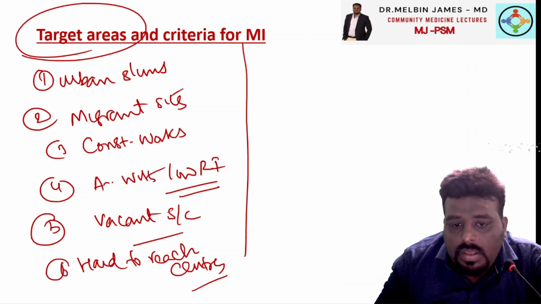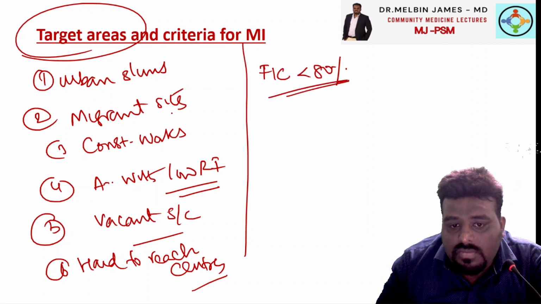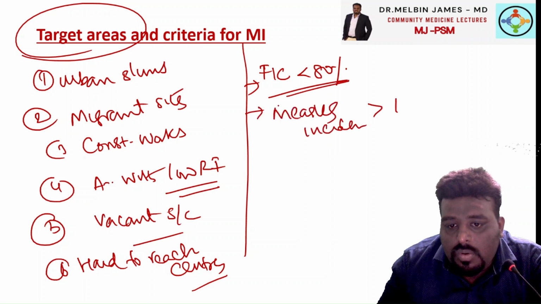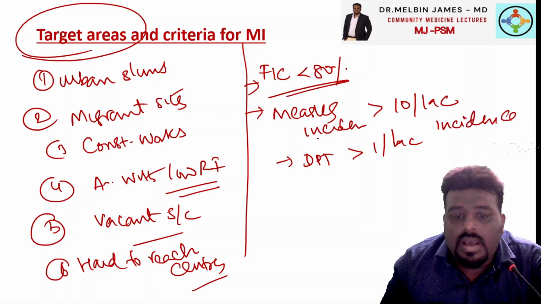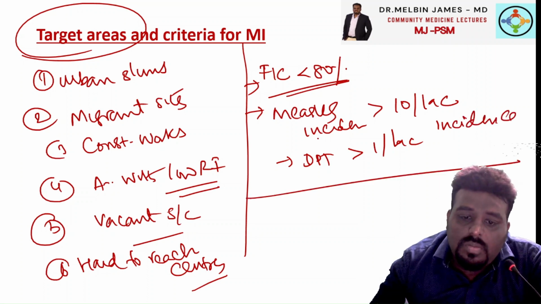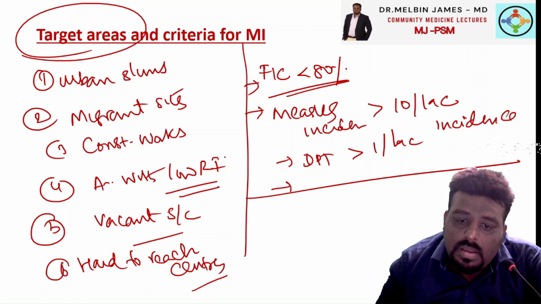The criteria are: full immunization coverage less than 80% in a state, measles incidence more than 10 per lakh, or DPT incidence more than 1 per lakh, and high missed routine immunization areas.